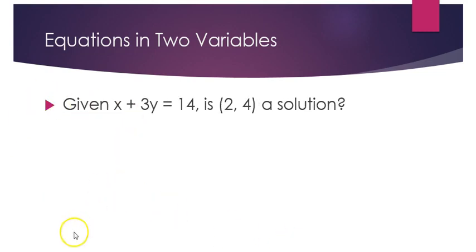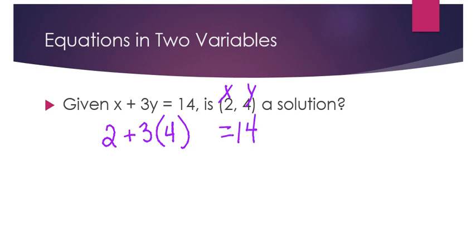Alright, given that x plus 3y equals 14, is (2, 4) a solution? Okay, so all we're going to do is take 2 and plug it in for x and 4 and plug it in for y. So 2 plus 3 times 4, and it's supposed to equal 14 when we're all done.